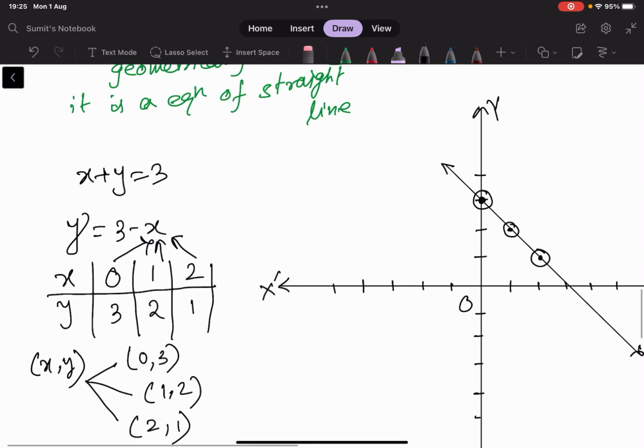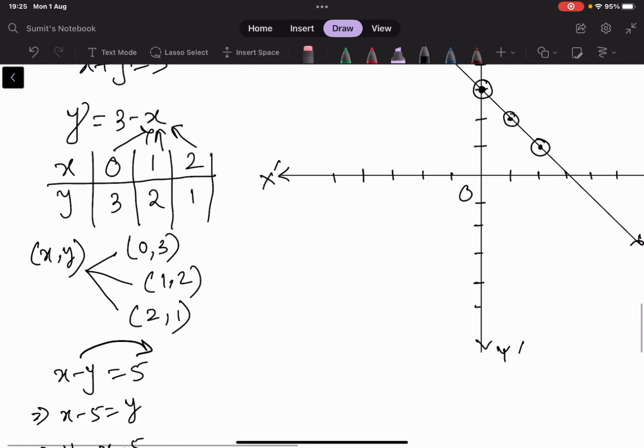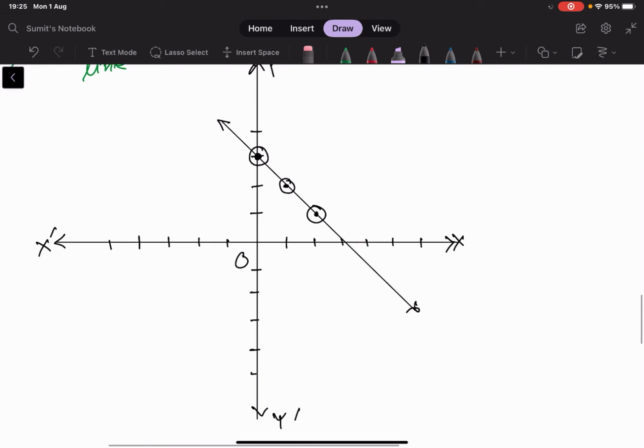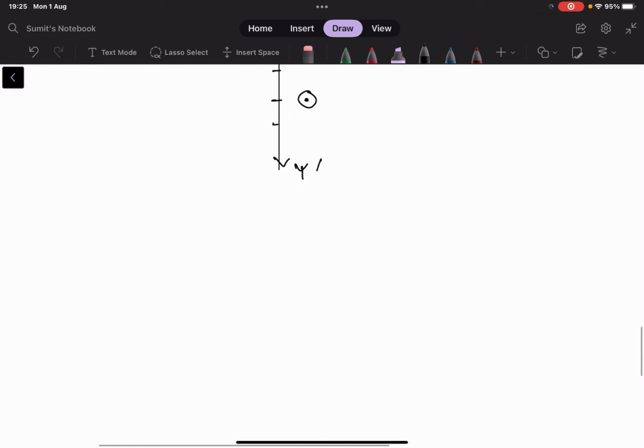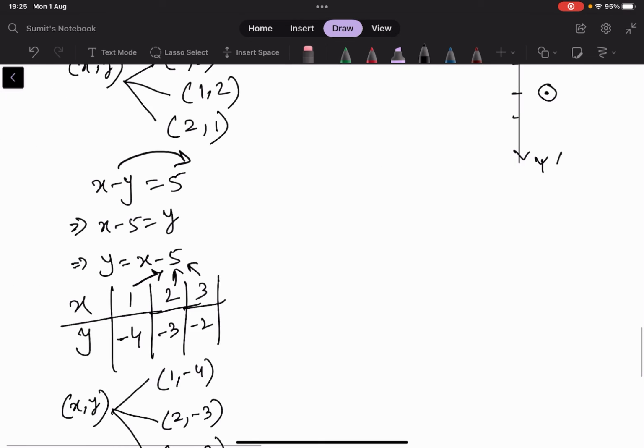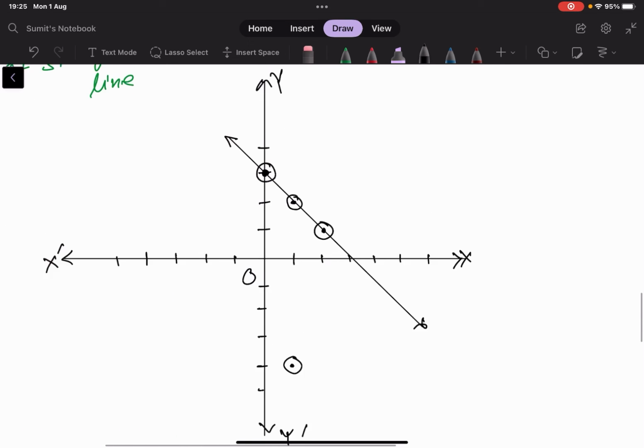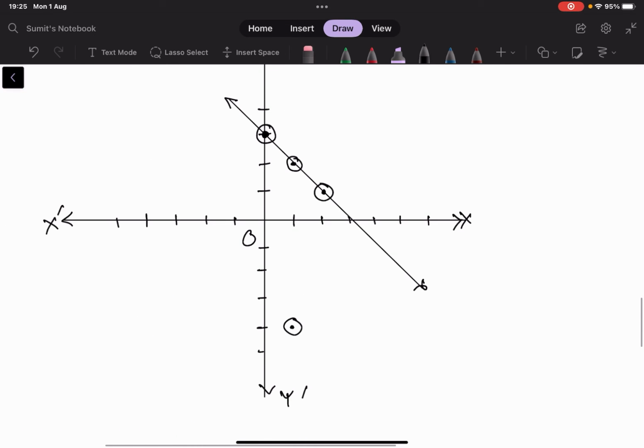First one is 1 comma minus 4, which means x equal to 1, y equal to minus 4. That means here, na? Then 2 comma minus 3, which means x equal to 2, y equal to minus 3. This one.